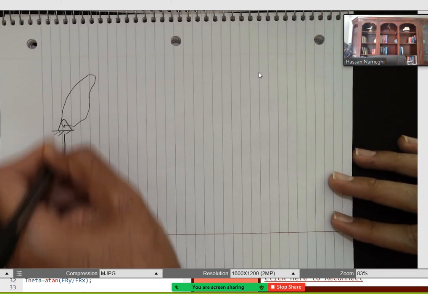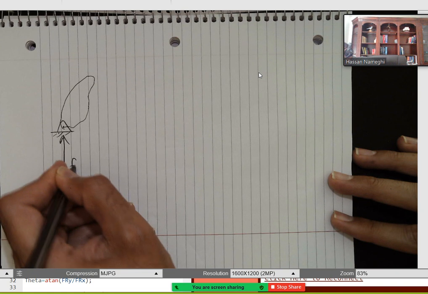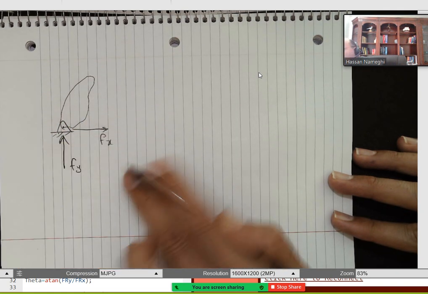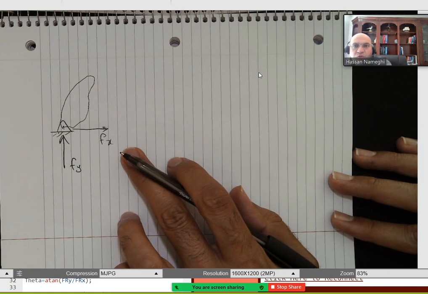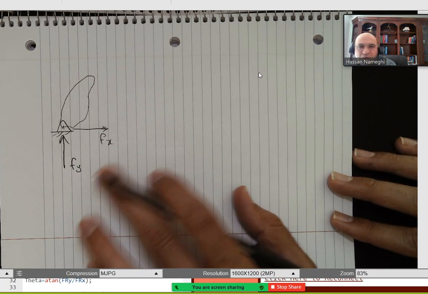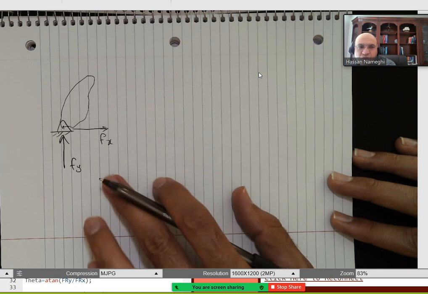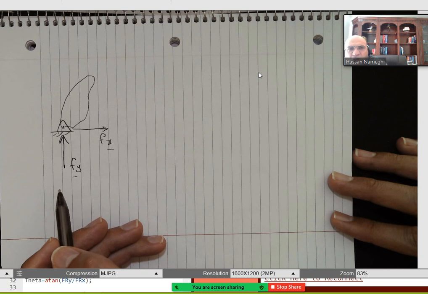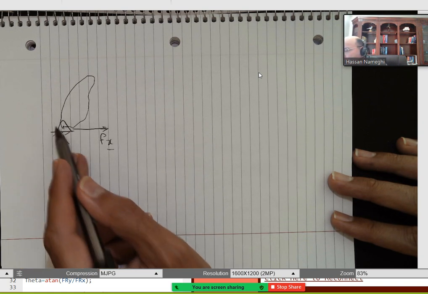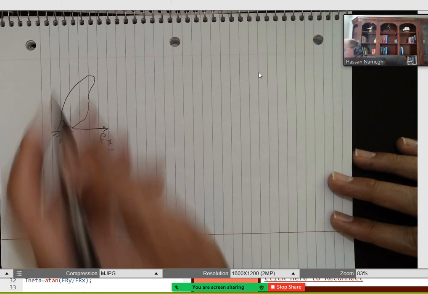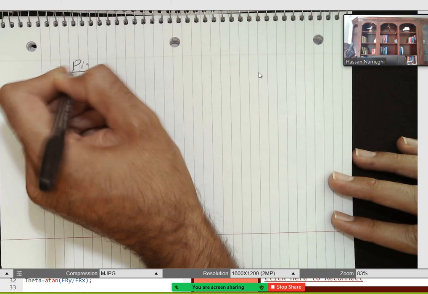If I remove the pin, I'm going to replace it with F of Y and F of X. Again, I put them randomly this way. It could be the other way around, right? But when you calculate them, if you get them negative, it means that their direction would be opposite. Usually we don't put AFX, AFY. If this point is called A, we put AX and AY for simplicity. So this is a pin connection.